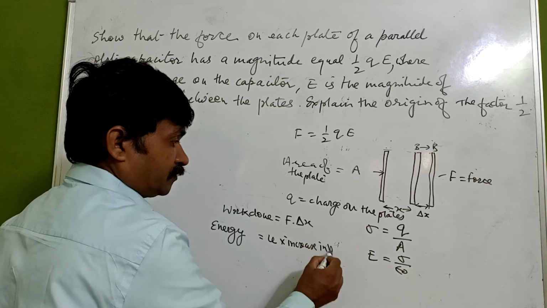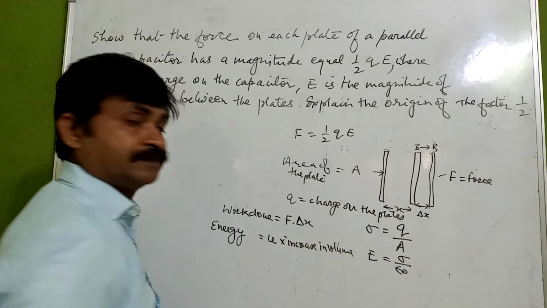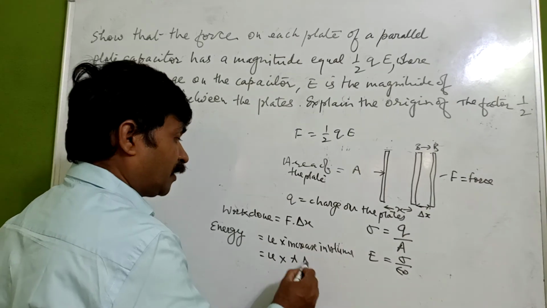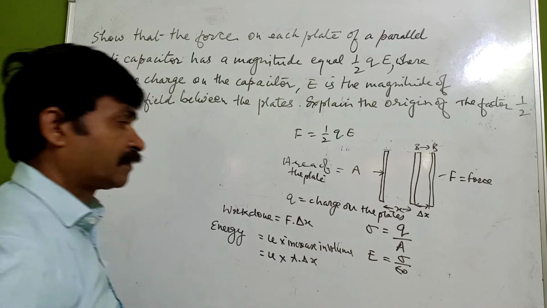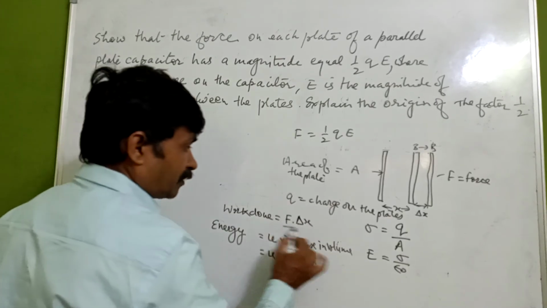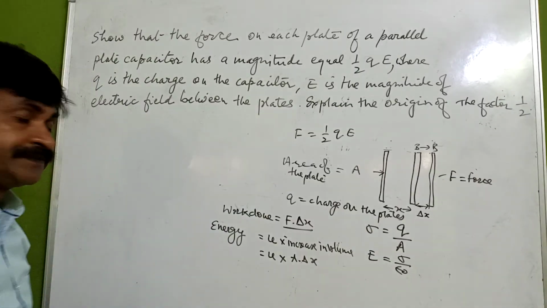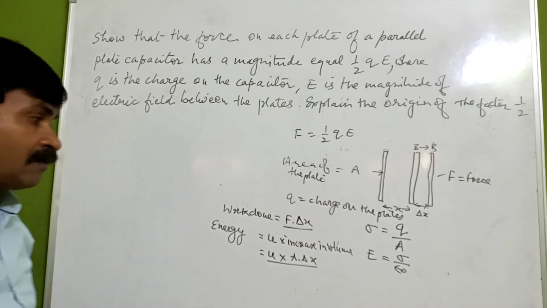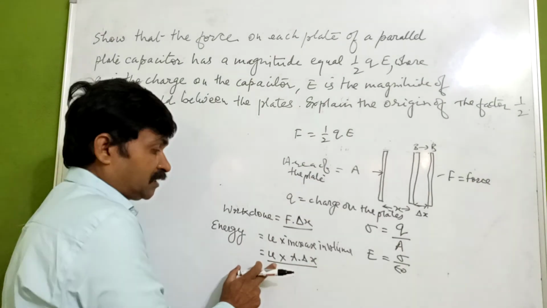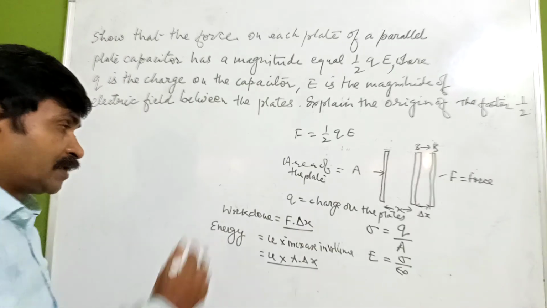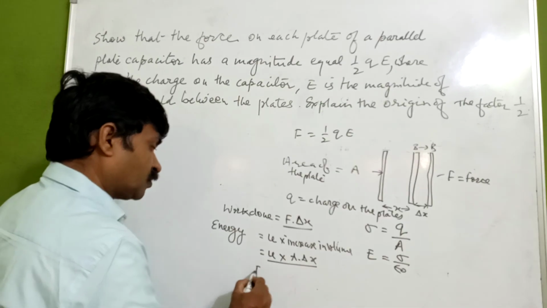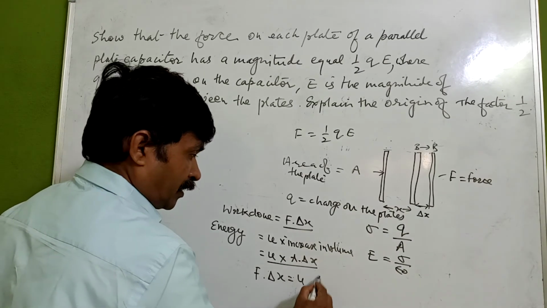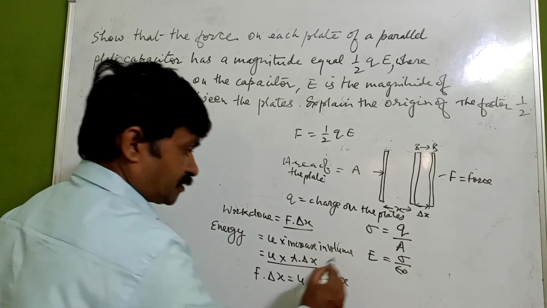So the increase in volume means A into delta x. So the work which we have done is this amount, and the new energy which we have got, the change in the energy, that is U. So we can equate them. So what we are getting, F delta x is equal to U into A into delta x.